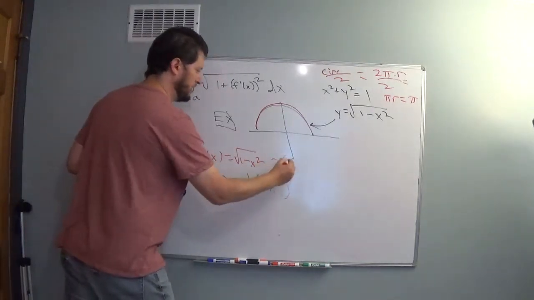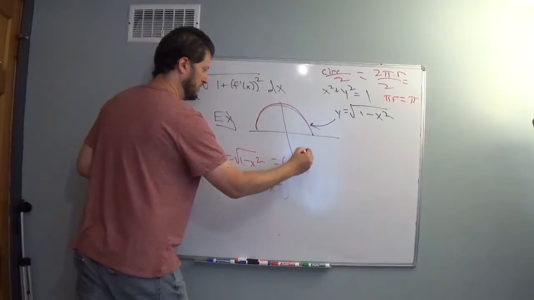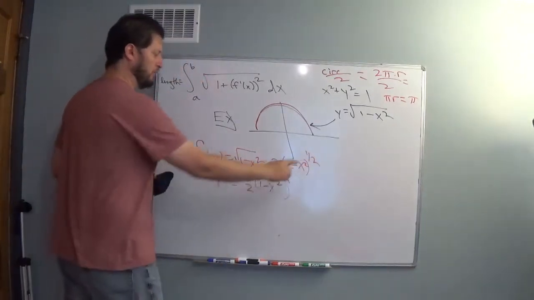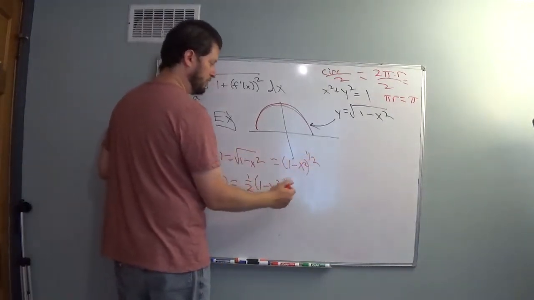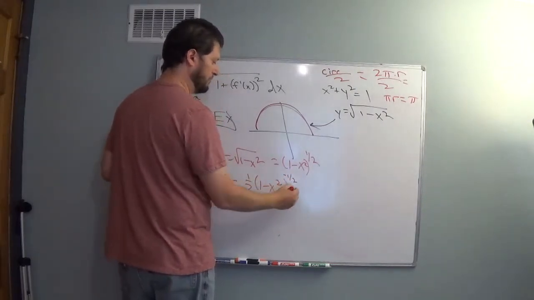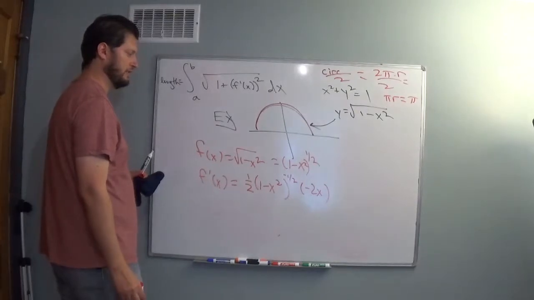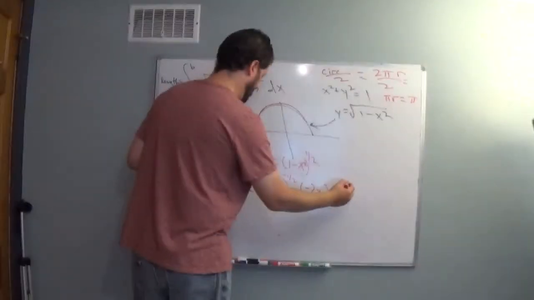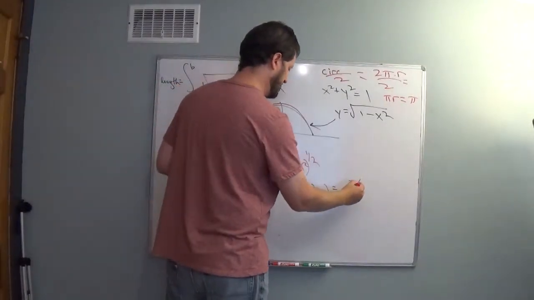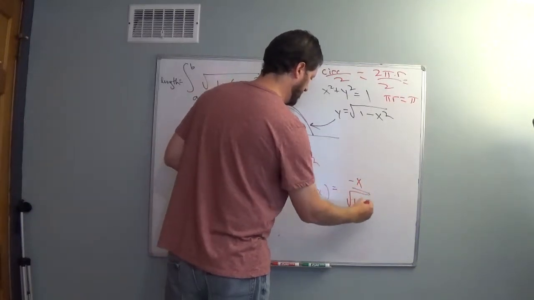Remember, this is 1 minus x squared to the 1 half. So the derivative: 1 half comes down, 1 minus x squared to the negative 1 half, all multiplied by the derivative of the inside, which is negative 2x. So the 2's cancel, and I get negative x over the square root of 1 minus x squared.